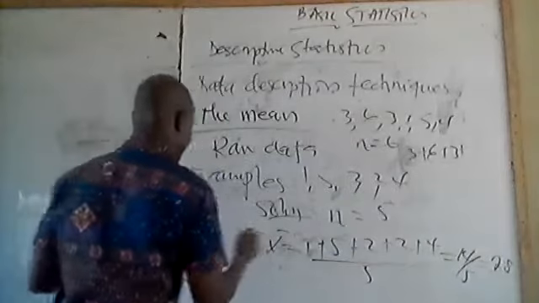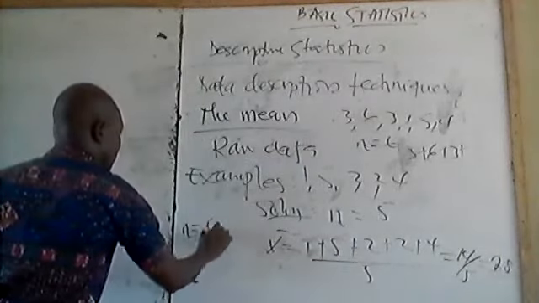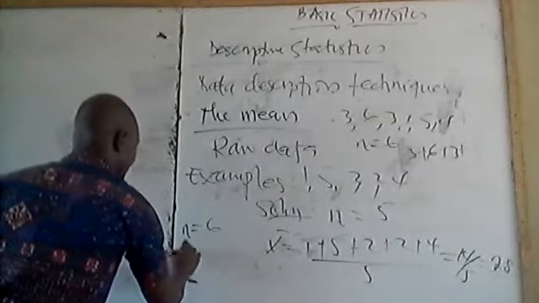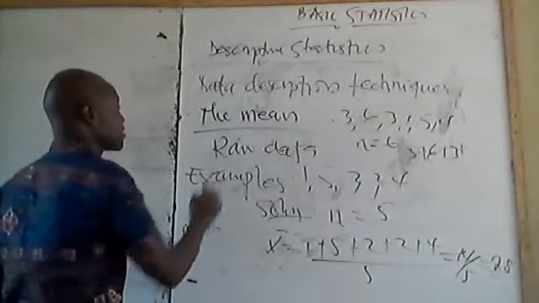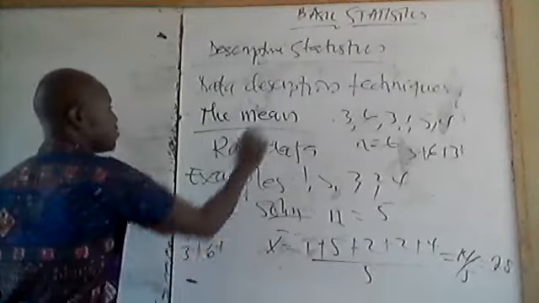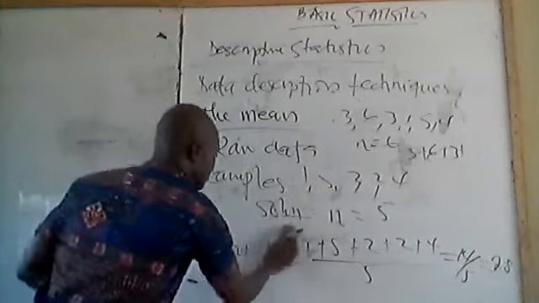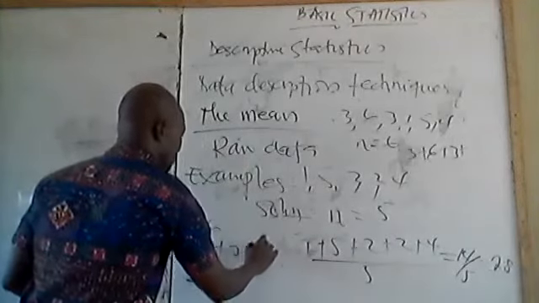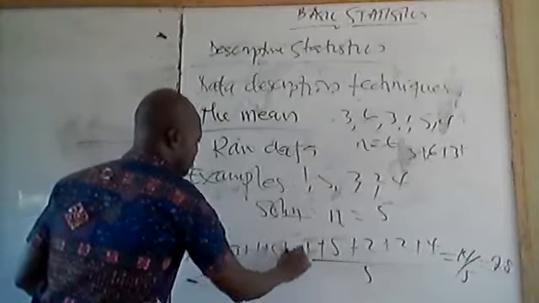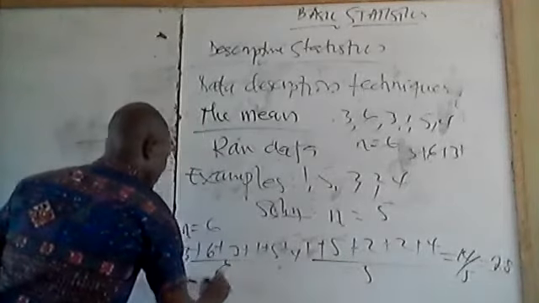So we have n equal to 6, and we have 3 plus 6 plus 3 plus 1 plus 5 plus 4, divided by 6.